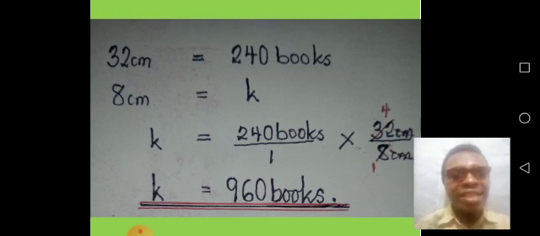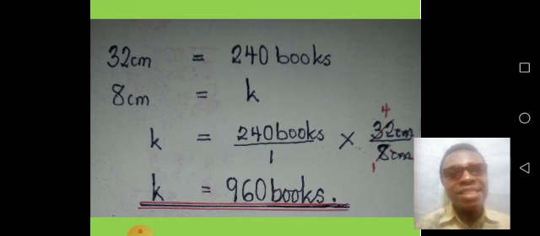and that will give you 960 books. So if you have bigger books, it's going to contain fewer books. If you have big sized books, say 32 centimeter, large sized books, very few of them will be able to go into the shelf. But if you have smaller books, more of them will be able to go into the shelf.